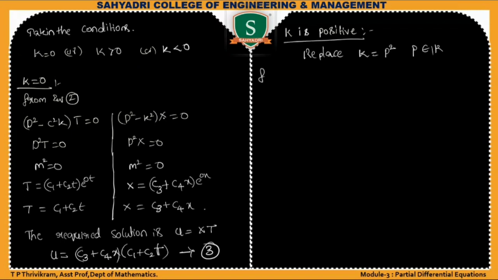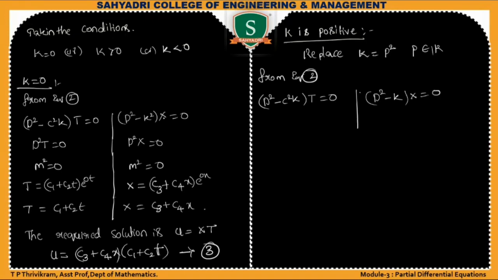Now from equation 2, (D square minus c square k) t is equal to 0 and (D square minus k) x equal to 0.